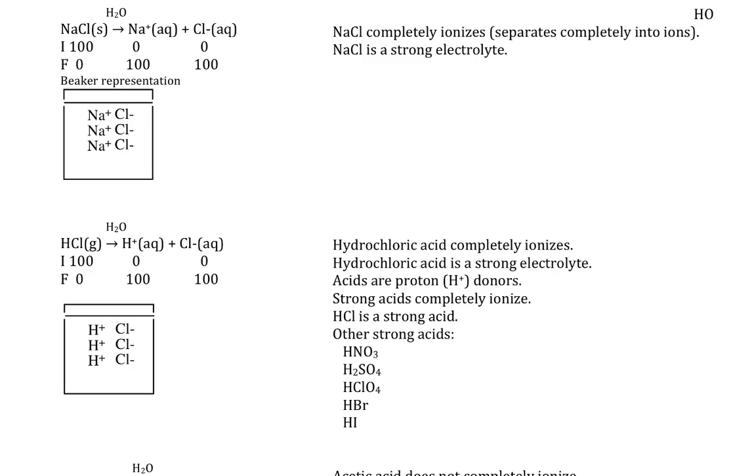HCl is an acid. It's called hydrochloric acid. We can hear that in the name. Acids are proton donors, so they form H+. We can call H+ a proton because H, the atom, has in its nucleus only a proton, and in its electron cloud an electron.